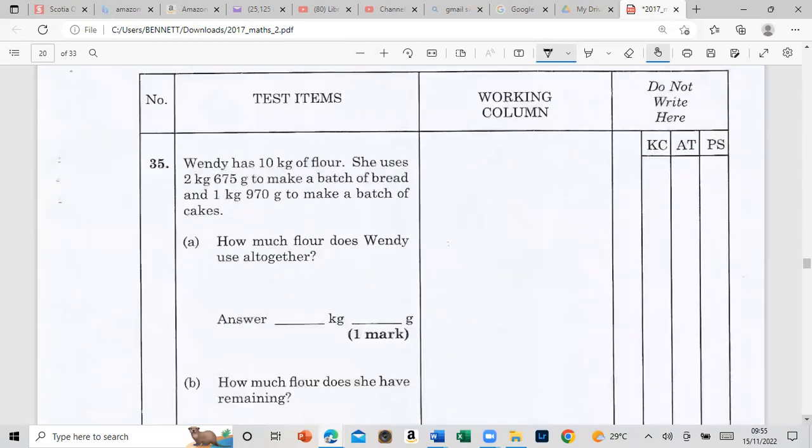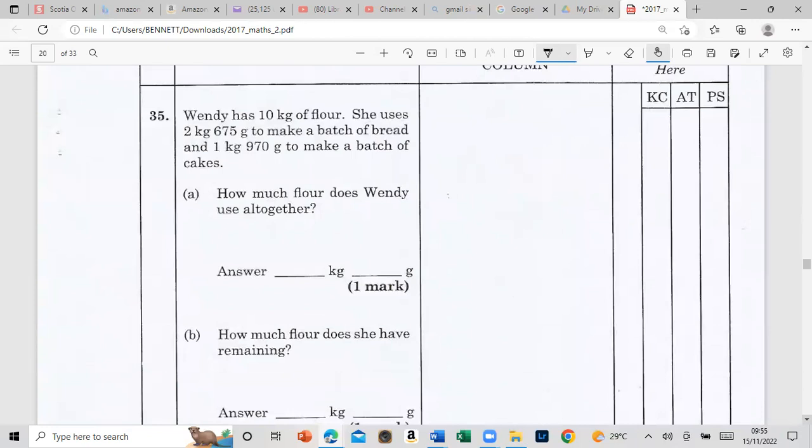Alright, let's look at 35. It says Wendy has 10 kilograms of flour. She uses 2 kilograms, 675 grams to make a batch of bread, and 1 kilogram, 970 grams to make a batch of cakes. How much flour does Wendy use altogether? And they want it in kilograms and grams. So we have a total of 10, but that's not relevant. So we have 2, 6, 7, 5. So we're going to separate this.